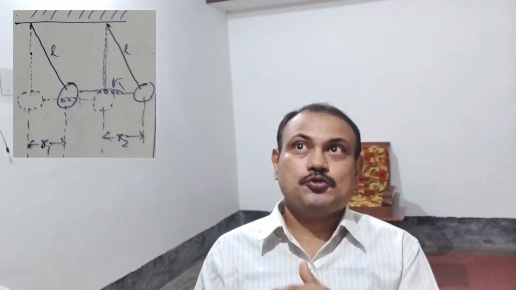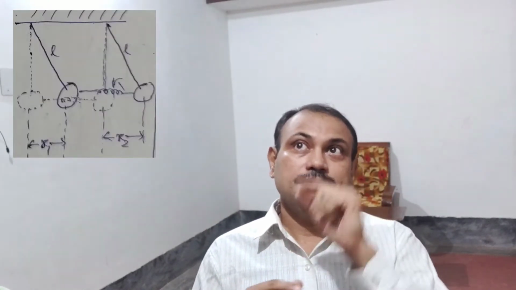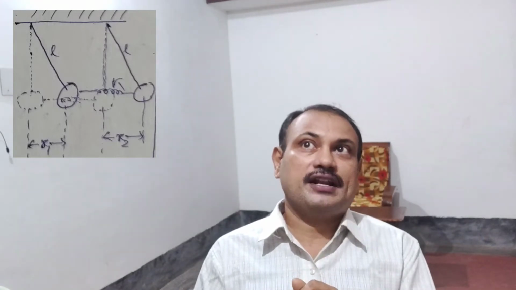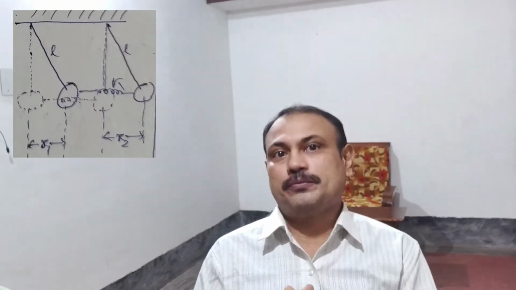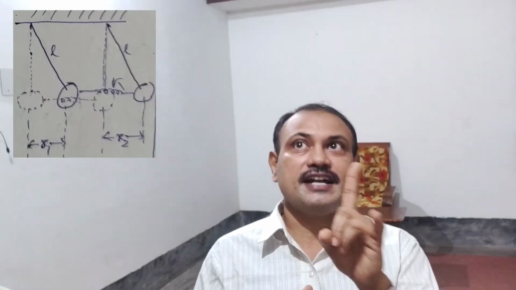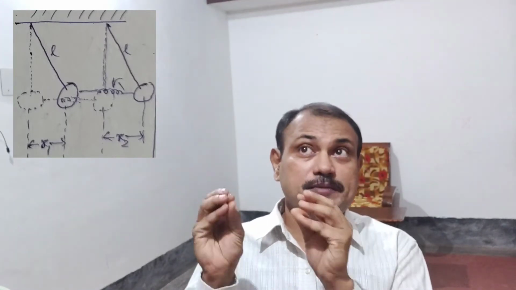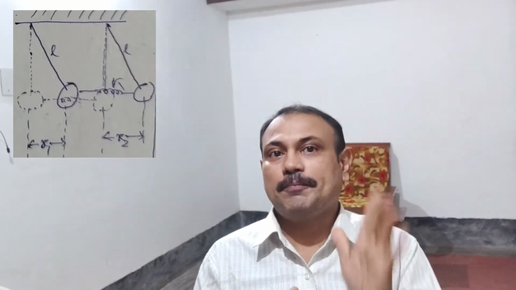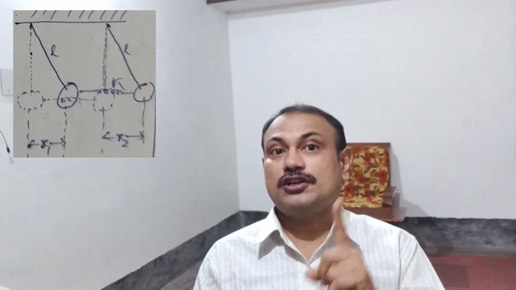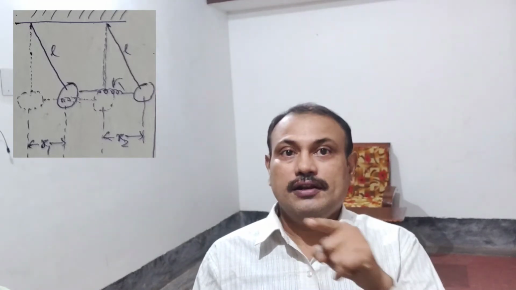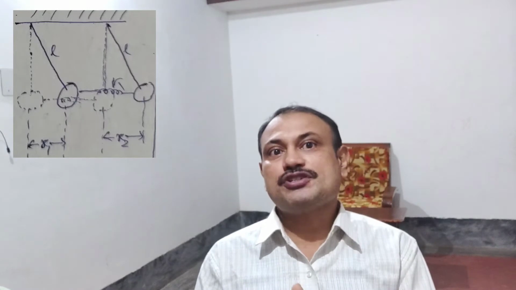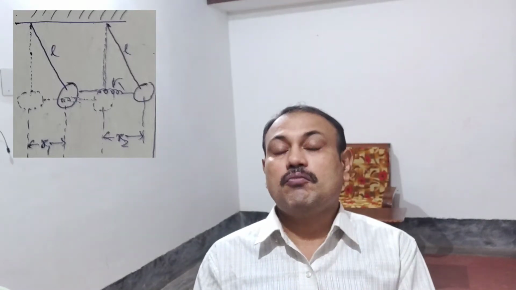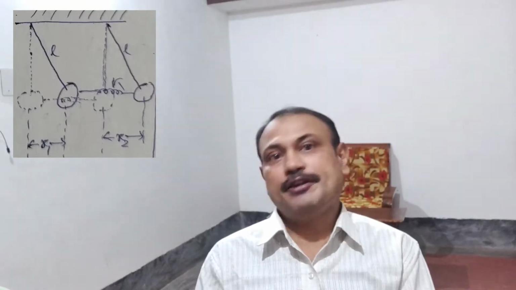But when the displacements of the bobs, the pendulums, are unequal, as I have shown in the figure, that is, for pendulum 1 the displacement is small x1, and for pendulum 2 the displacement is small x2, then these are really the coupled cases, where the stiffness or the coupling factor will bring changes in the equations of motion, in the corresponding modes of vibration and in the frequencies.